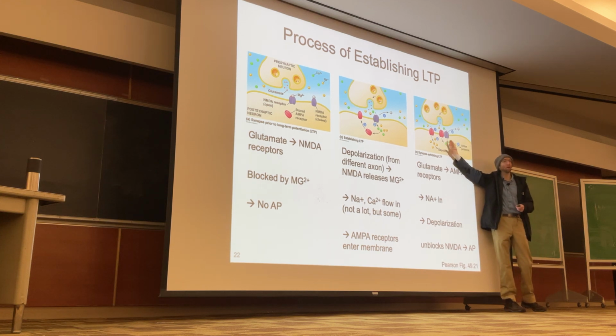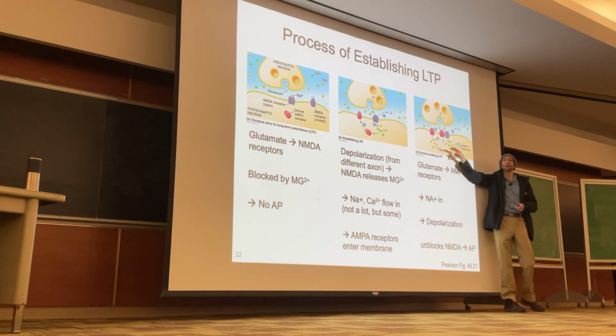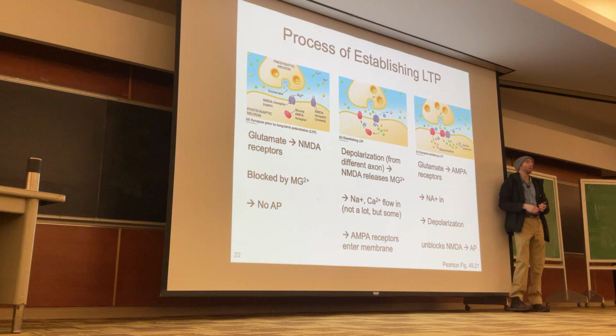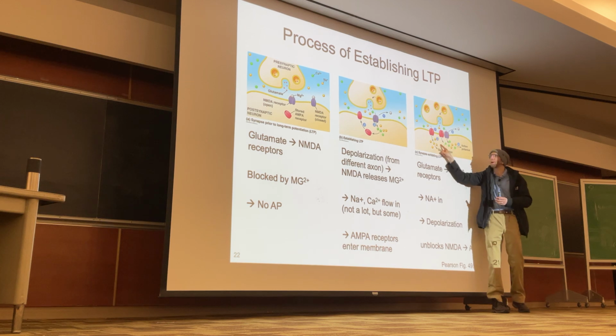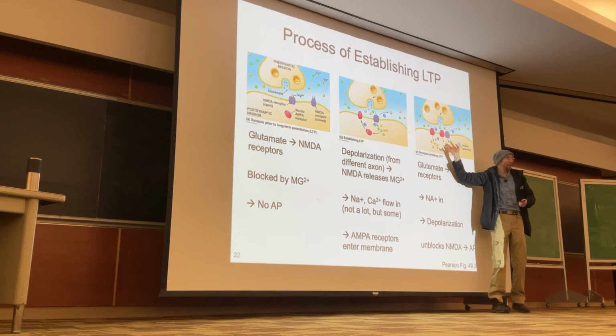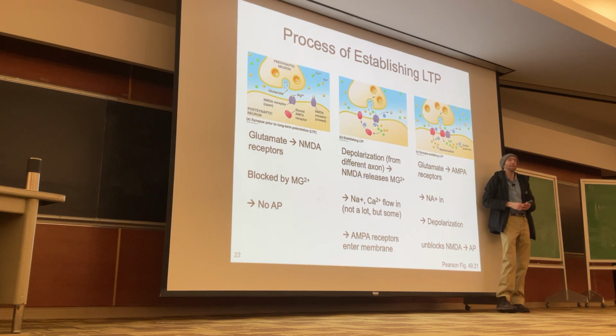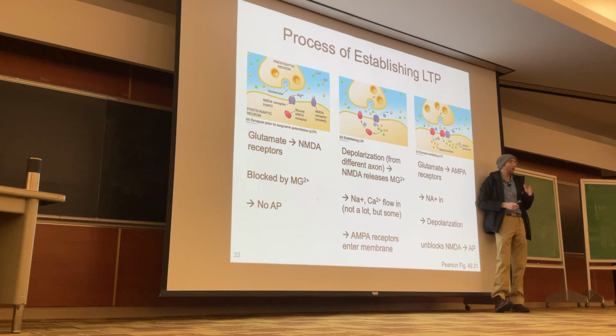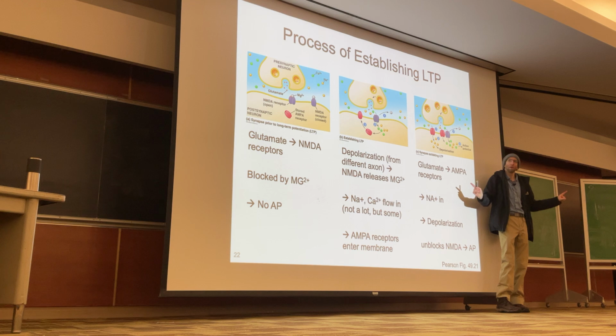You're going to be able to depolarize that cell from this one synapse enough to trigger an action potential in the postsynaptic cell. Right? That's the point of long-term potentiation, that you change the biochemical makeup of that synapse to where you can trigger an action potential from a single synapse without needing help from other connections targeting that same cell.